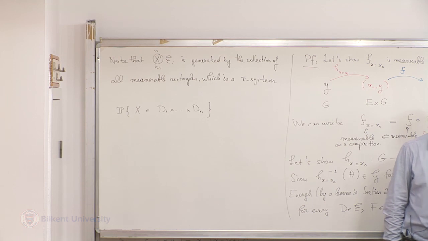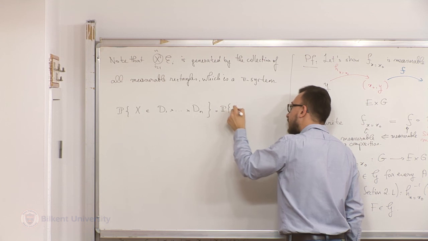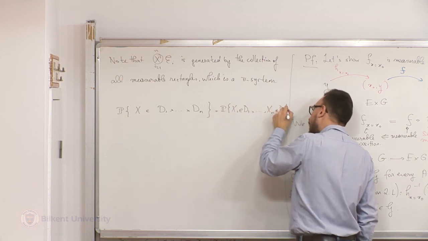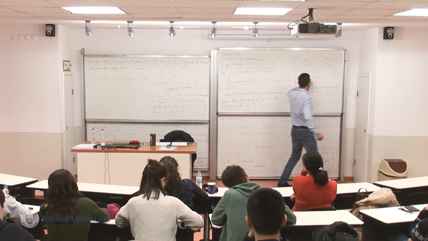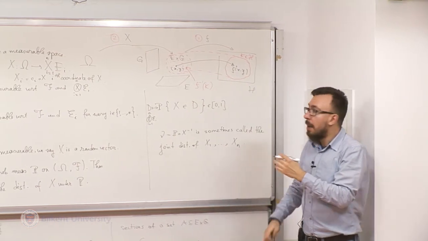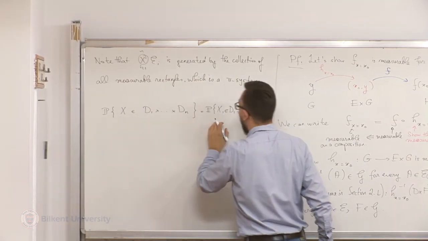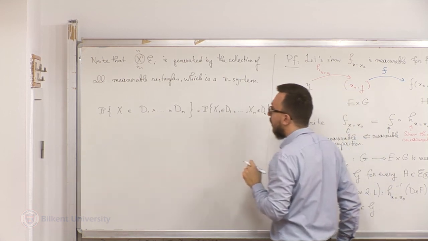So it is enough to just look at probabilities of the form X_1 is in D_1 and ... and X_n is in D_n. Note that this is not as general as the probability where D can be a non-rectangular set, but it is enough to focus on rectangles: the first coordinate is in some set, the nth coordinate is in some set.